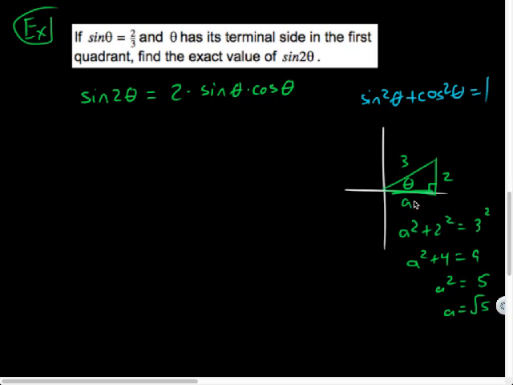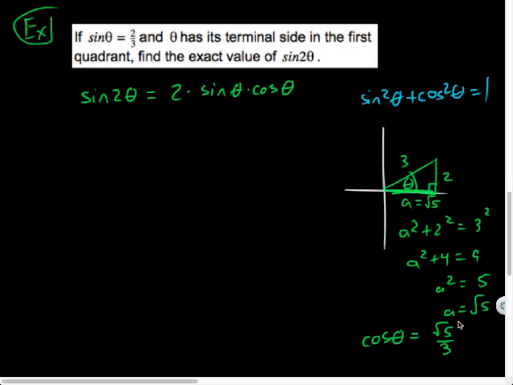And how does that help me? What's cosine theta equal to? From theta's perspective, what's cosine? Adjacent to the hypotenuse. So it's going to be the square root of 5 divided by 3.